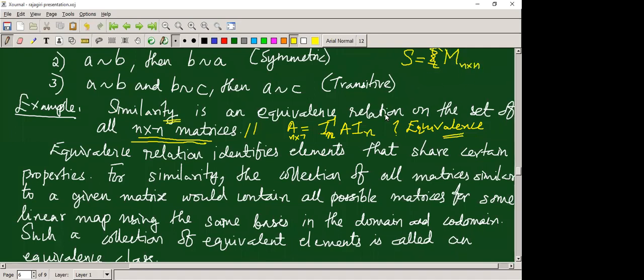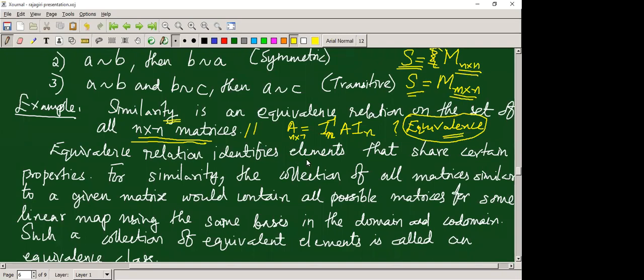For discussing equivalence, our S is the collection of all m by n matrices. So we can see that the relation equivalence is also an equivalence relation. Similarly, similarity is also an equivalence relation, but the corresponding sets are different.